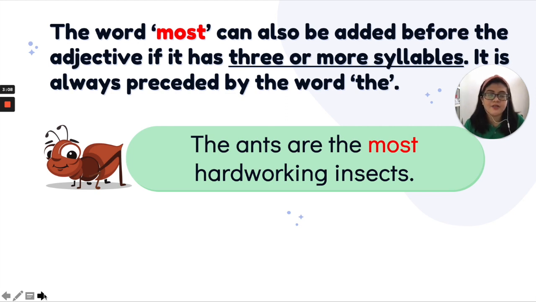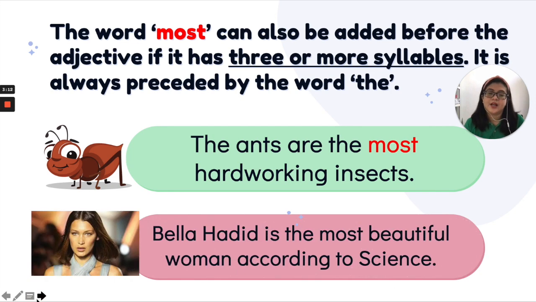The ants are the most hardworking insects. Bella Hadid is the most beautiful woman according to science. So you have to use the word the before the word most, and then you can write the adjective after that.